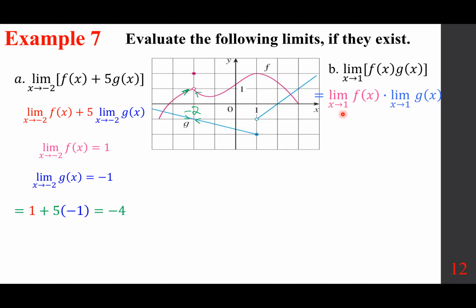What is the limit of f of x as x approaches 1? From the left and right, I'm going to use an arrow, we are moving towards this point, and this point has a y coordinate.